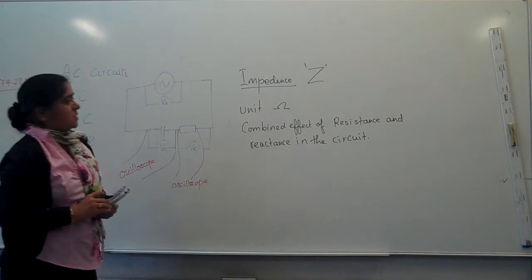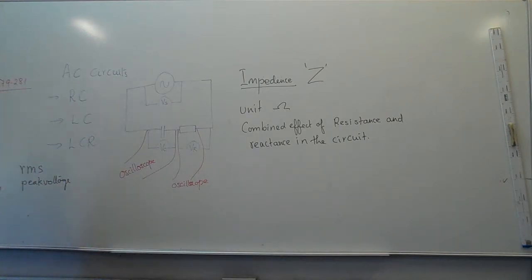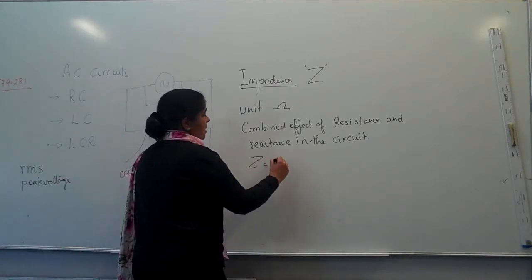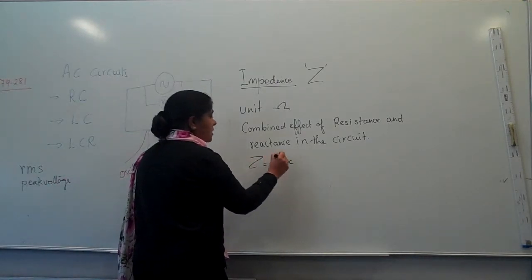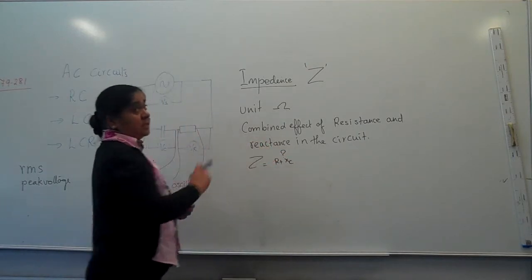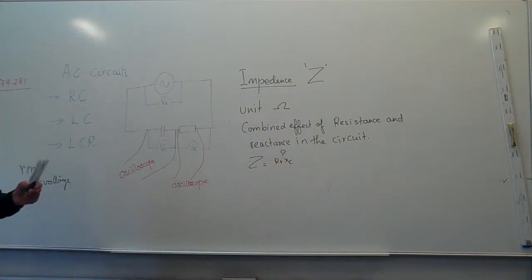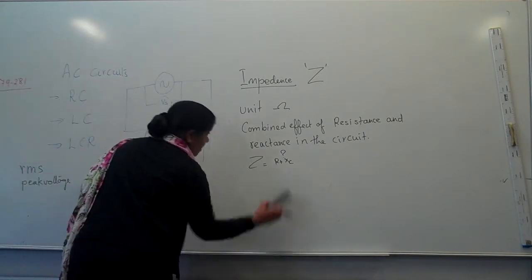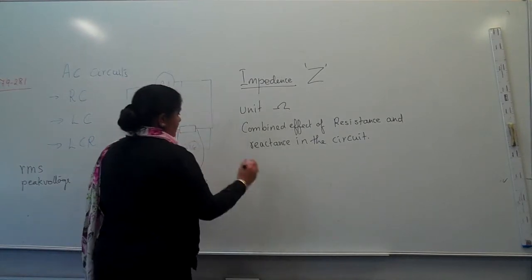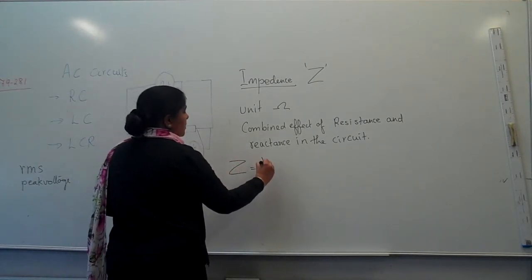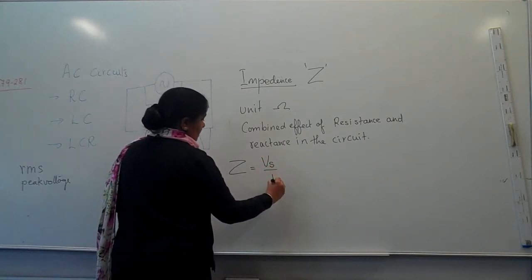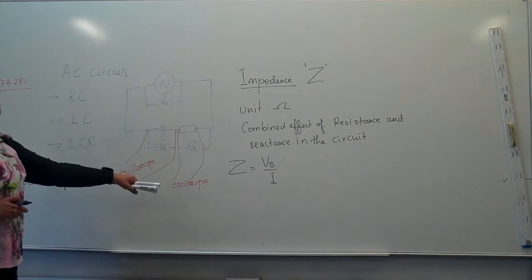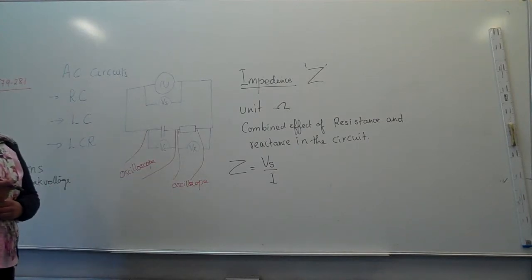So if we add resistance and reactance together, that will give us impedance. But the equation is not that simple. Z is R plus XC? No, it is slightly different, and we will discuss that soon. We'll derive an equation that relates resistance and reactance with impedance. Another way of explaining impedance is Z is Vs over I: the total supply voltage divided by current gives us impedance.